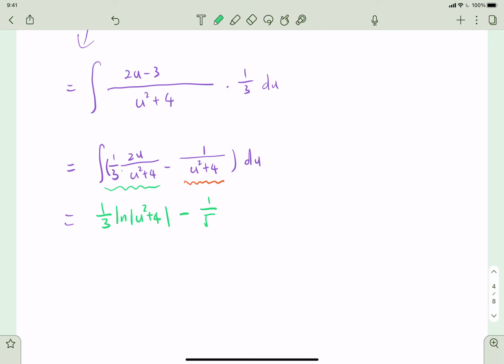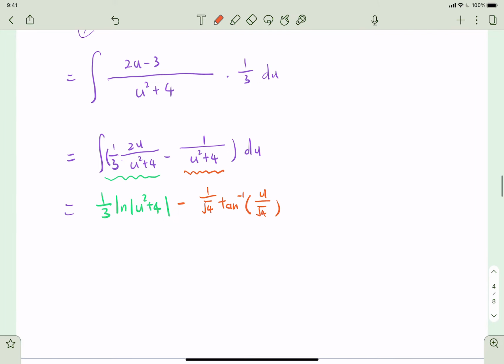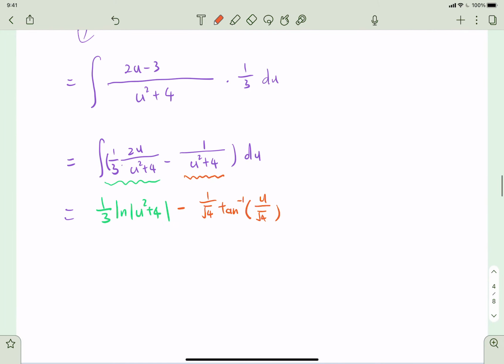I'm talking about the orange term. So that is 1 over square root of 4 tangent inverse of u divided by square root of 4, right? Of course, we need a plus c. That's the cliche.